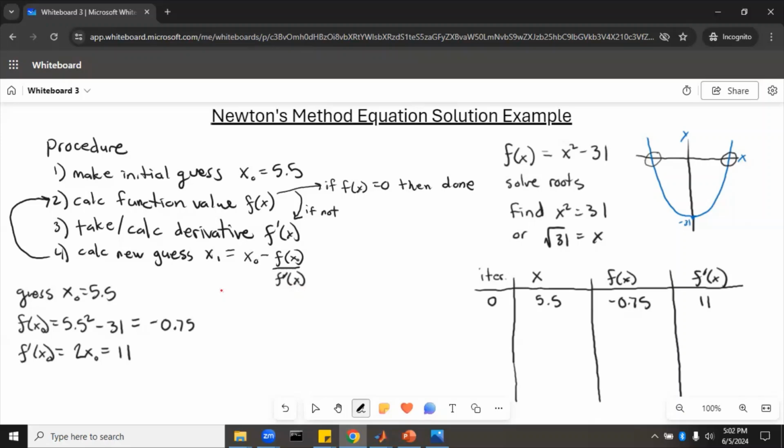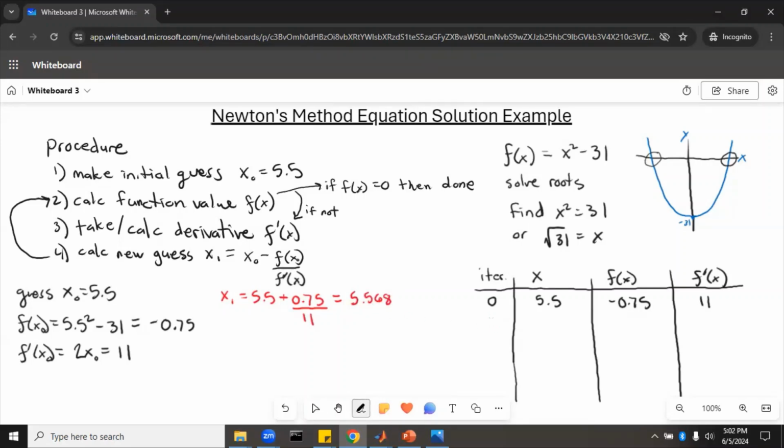So x1 equals 5.5 minus negative 0.75, which becomes plus 0.75, divided by 11. That comes out to be 5.568.